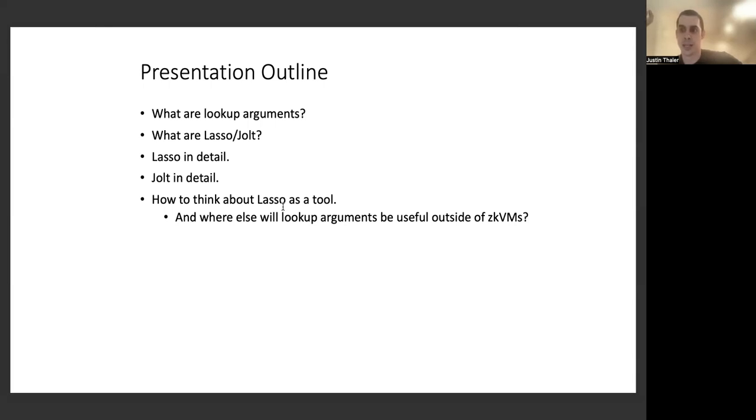The key new techniques or insights in Lasso can actually be applied to other lookup arguments as well. I'm quite optimistic that we might see a future where there are all sorts of lookup arguments being used depending on certain parameter settings, but all of them are building on the same key insights that I'll tell you about today.